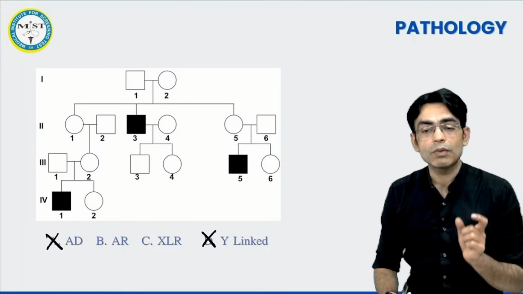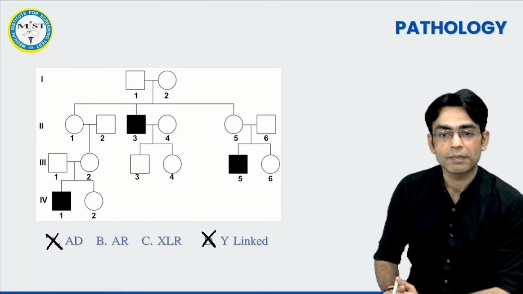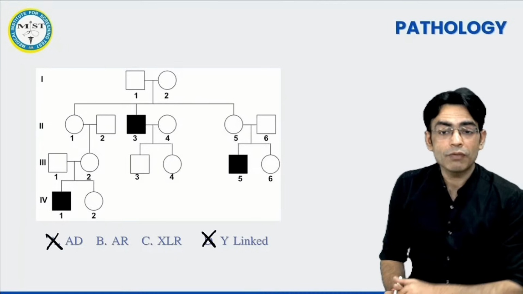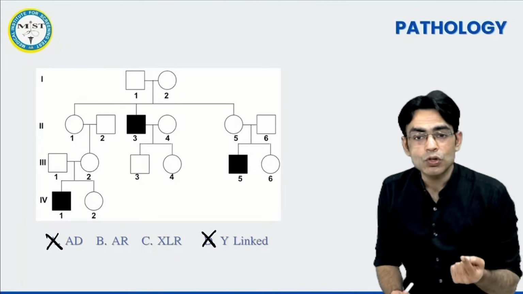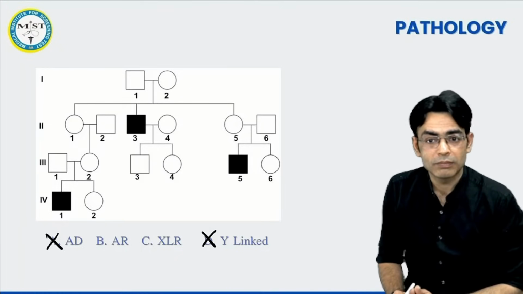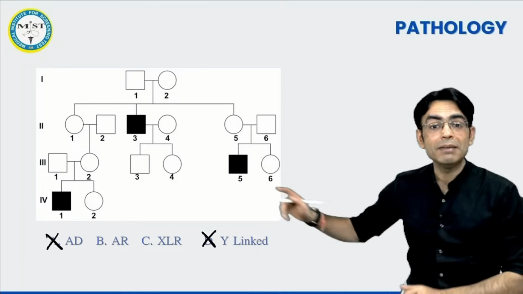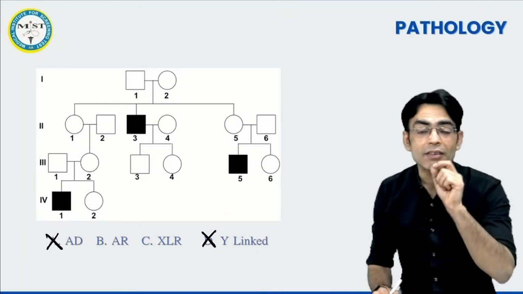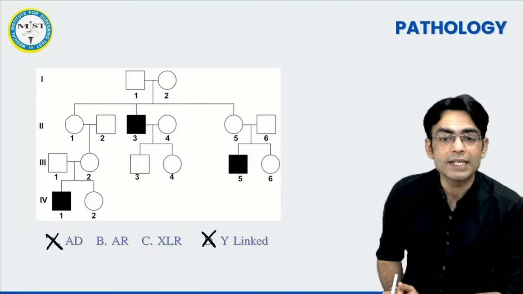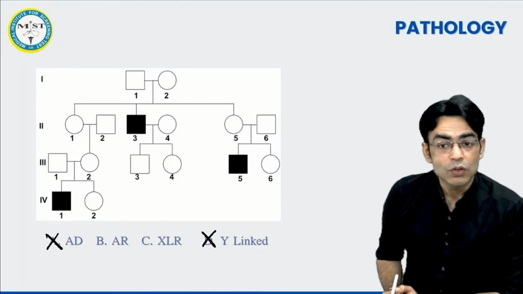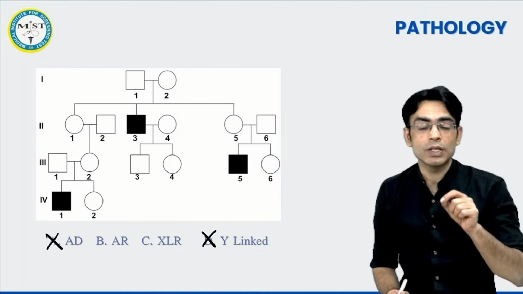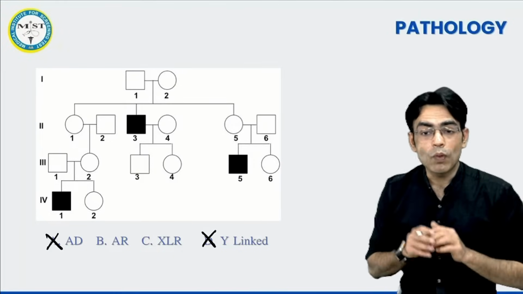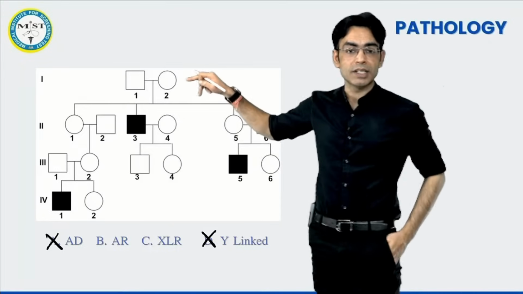Now we are coming to autosomal recessive or X-linked recessive. If it would have been an autosomal recessive problem, then why would only males be affected? You know what this is? This actually is X-linked recessive, where the mother was a carrier for the disease.